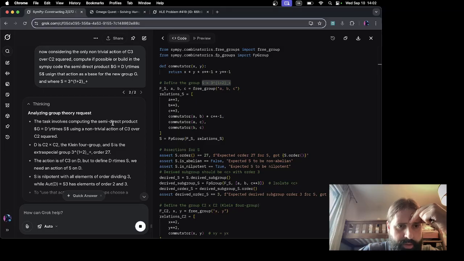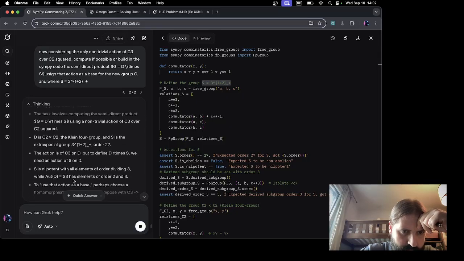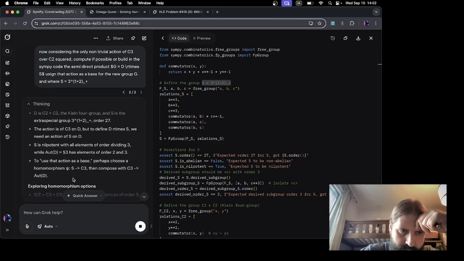The task is computing the semidirect product. Nilpotent with all elements of order dividing 3.